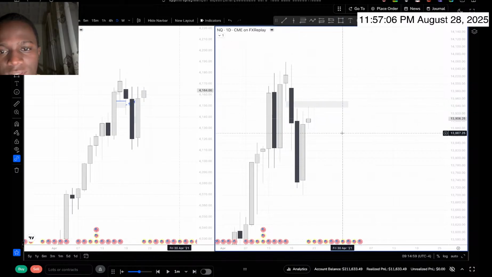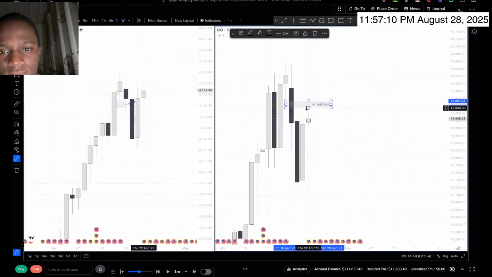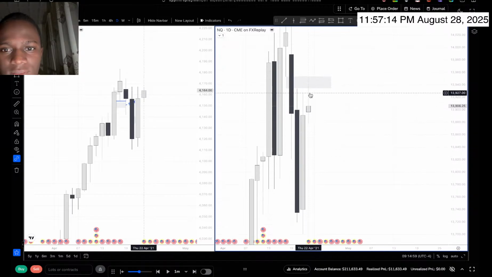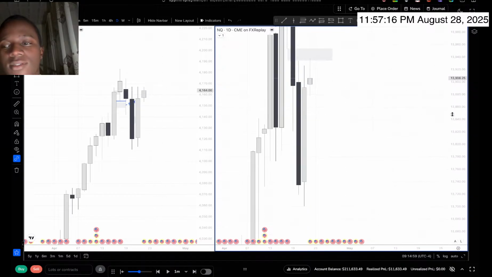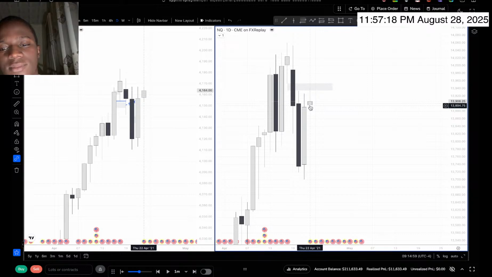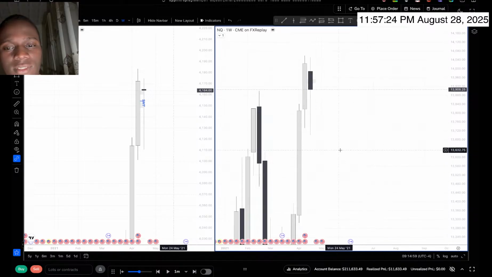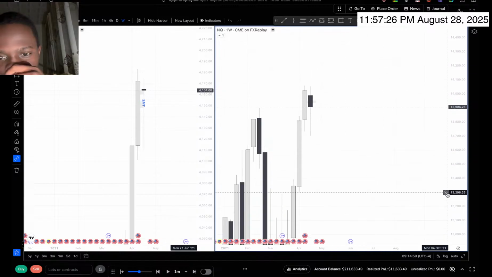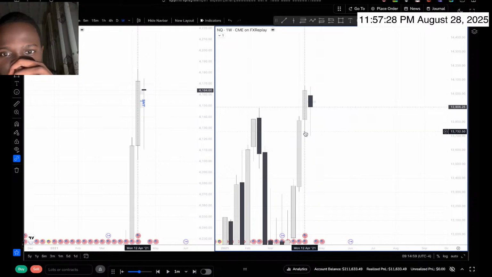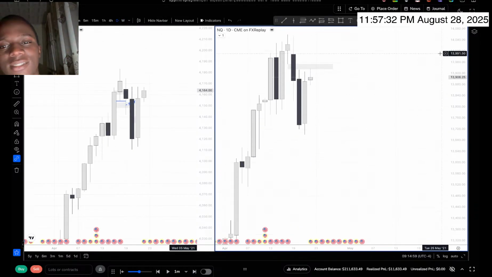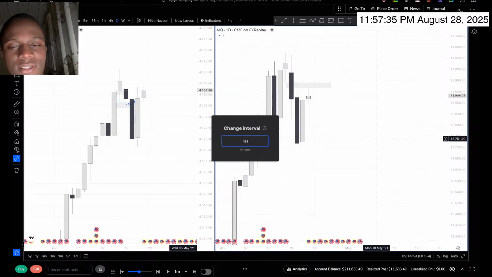This gap here, we've grown into it. Well, we touched it, but I'm thinking might as well just drop lower. I was looking for lower prices, but when you look on the weekly, you can see we tapped into the weekly gap, so this obviously invalidates what I was waiting for in the daily.